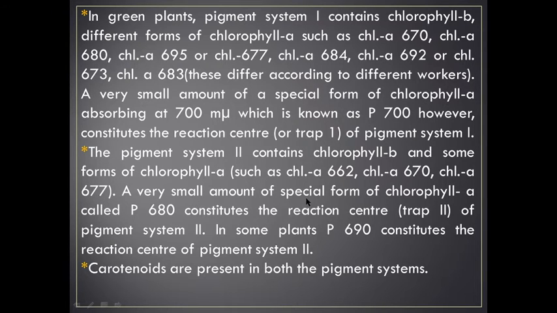A very small amount of special form of chlorophyll A called P680 constitutes the reaction center of pigment system second. In some plants, P690 constitutes the reaction center of pigment system second. Carotenoids are present in both the pigment systems.